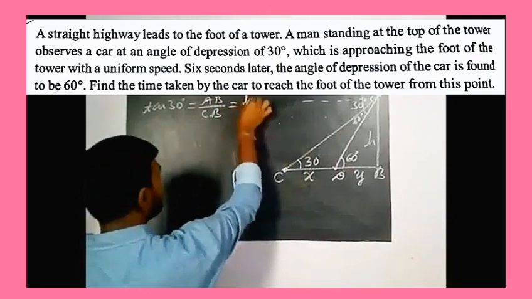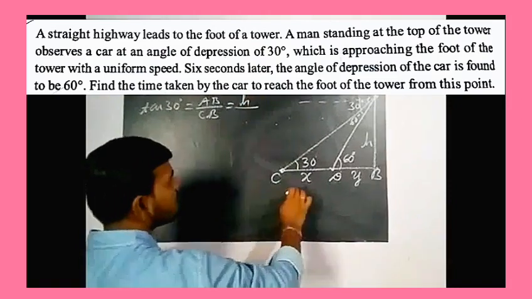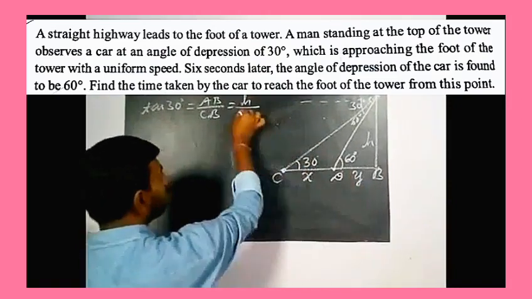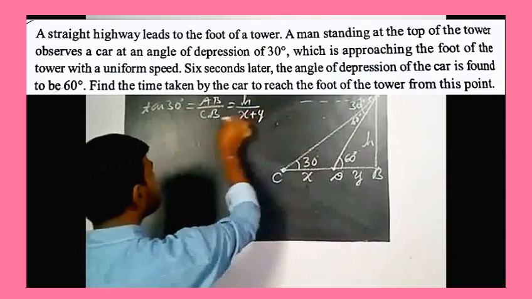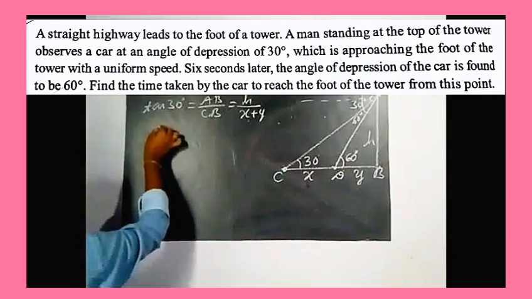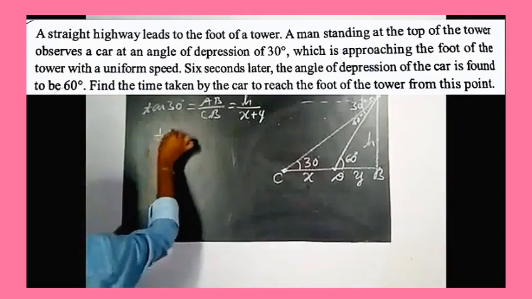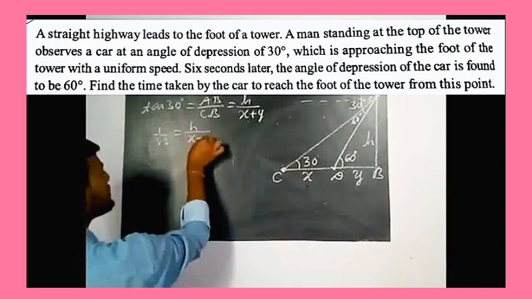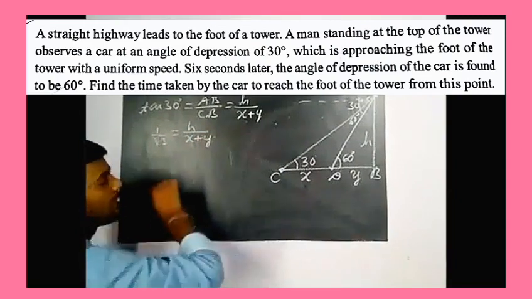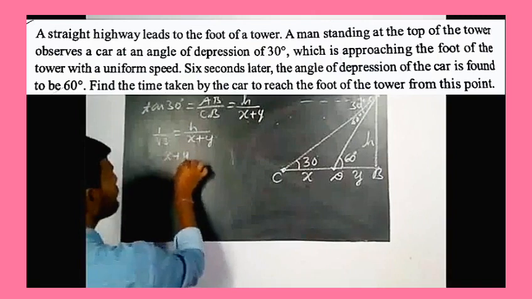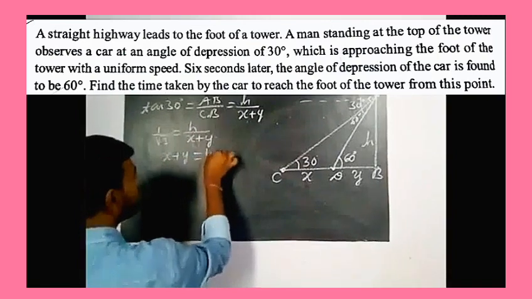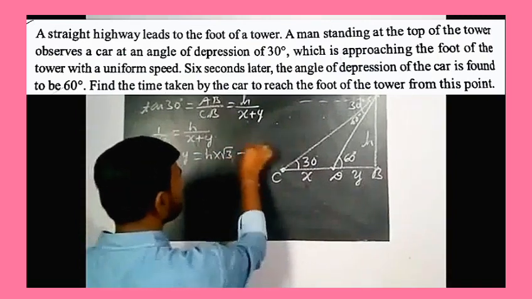AB is taken as H and BC is taken as X plus Y. So tan 30 is 1 by root 3, which is equal to H by X plus Y, right? Then X plus Y is equal to H into root 3. Call this equation 1.